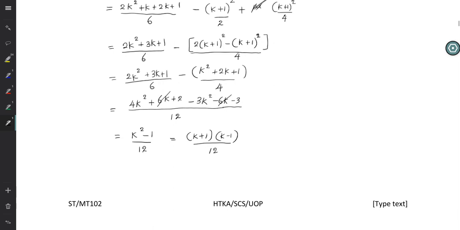So here's the variance of the uniform random variable when the possible outcomes of x is k.